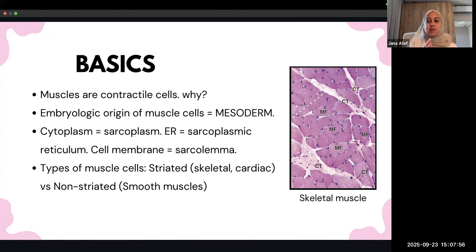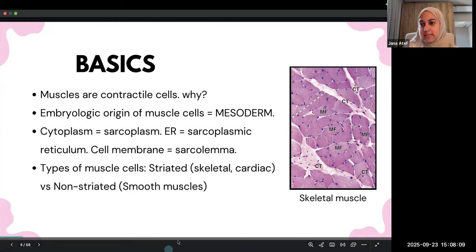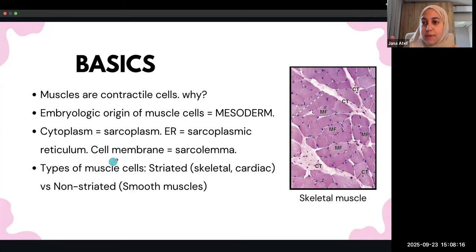Okay. Now, the main part of this is the types of muscle cells. We have two types: striated and non-striated muscles. Does anyone know what striated means? If you know, just write in the chat or raise your hand. Anyways, striated basically means it has stripes.